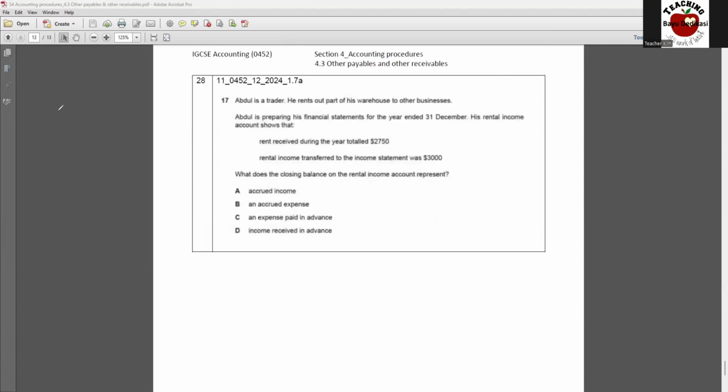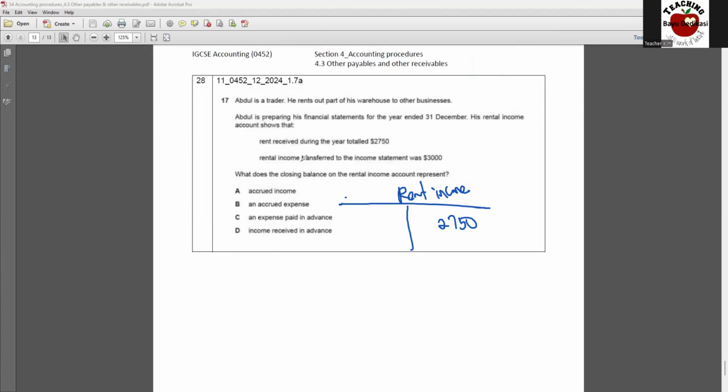28. Abdul is a trader. He rents out part of his warehouse to other businesses. Abdul is preparing his financial statement for the year ended 31st. His rent income account showed rent receivable. Okay, we open the rent income account. Rent received during the year, this is bank in the credit side.